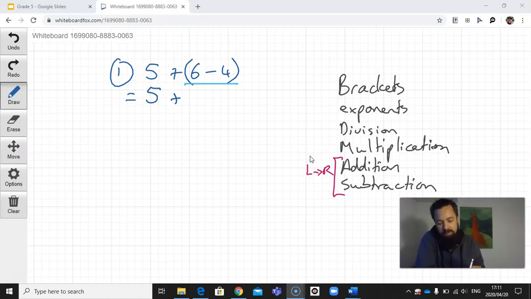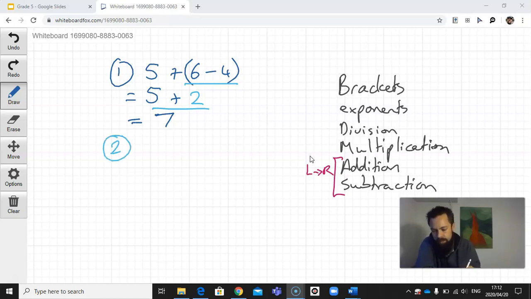So 6 minus 4 is 2. And so we put down the answer to what we worked out, and the brackets are now gone. They've served their purpose. Next step is to do whatever's left because we only have the two things left. So it's 5 plus 2 is 7, and there's our answer.